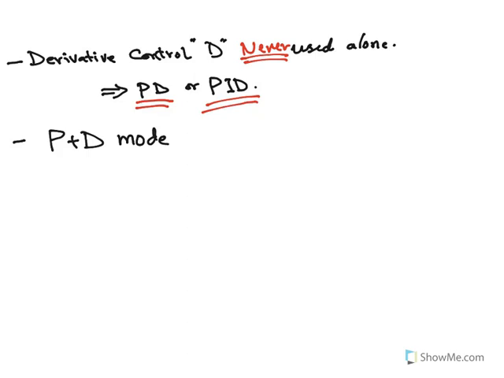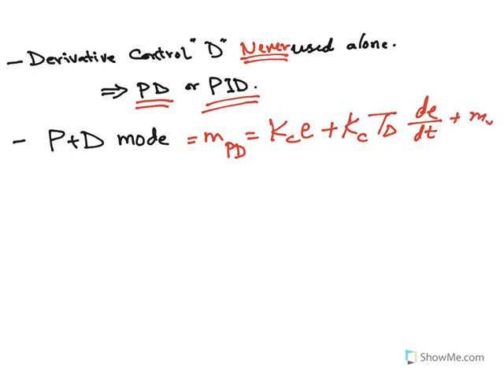So here the output of the controller, due to the proportional and derivative modes, will be M equal to KC E, which is the proportional mode part, plus KC TD dE over dt, plus M0. Sometimes we add this one. This is the initial output of the controller.